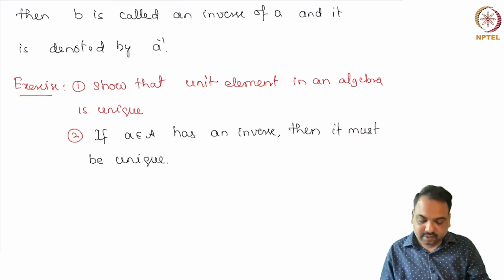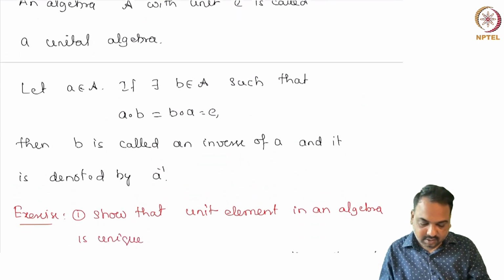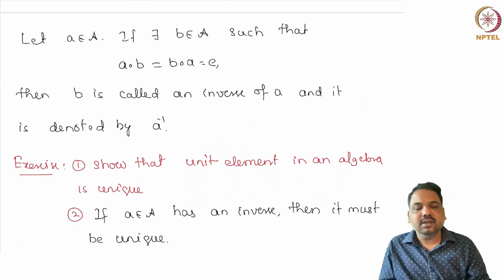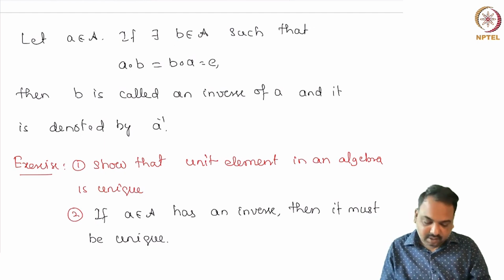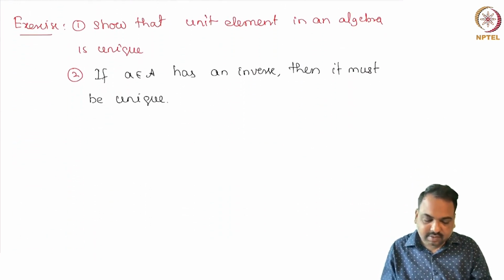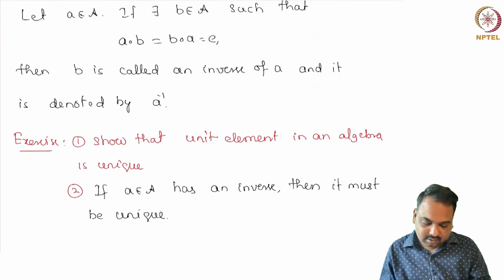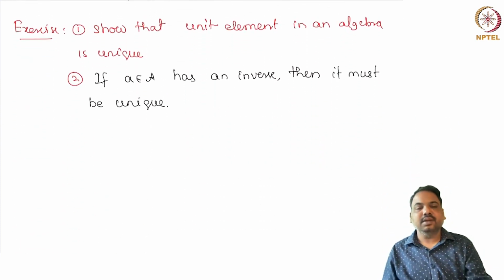This is very well known from properties of rings. So for this reason we always say the unit, the identity element and the inverse of an element. Okay, so these are some definitions of algebra and the elements in the algebra.